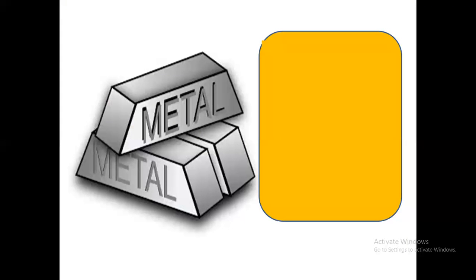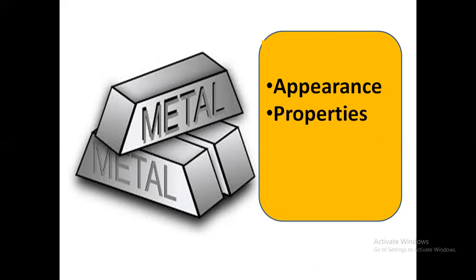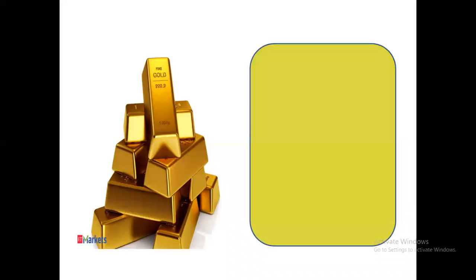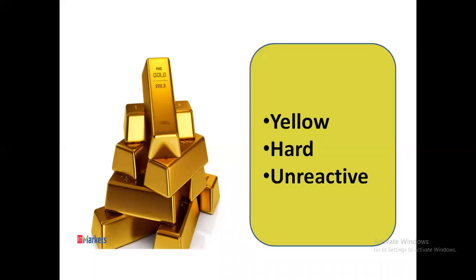So, students, as there is a wide range of metals, metals can vary greatly from one another in terms of their appearance, properties, uses, and reactivity. If you take an example of gold, then we observe that gold is yellow in color, gold is relatively hard, gold is an unreactive metal.